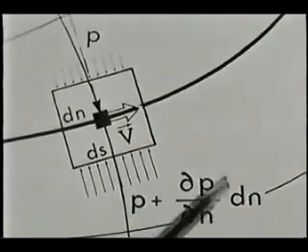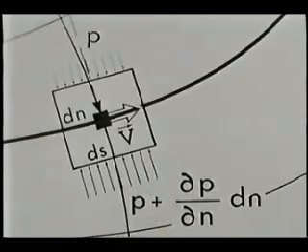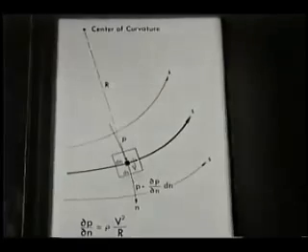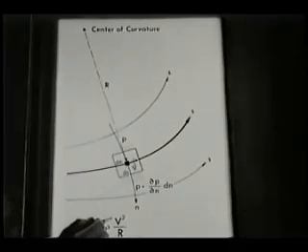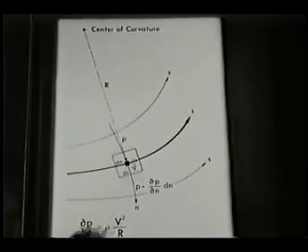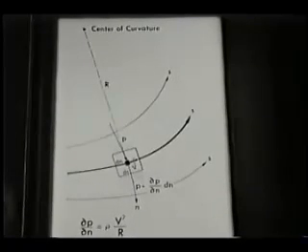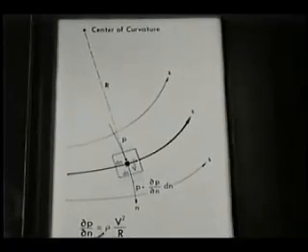Although there is no velocity along n, there is an acceleration, v squared over r, toward the center of curvature. Setting force equal to mass times acceleration, we get Euler's equation of motion normal to the streamline.